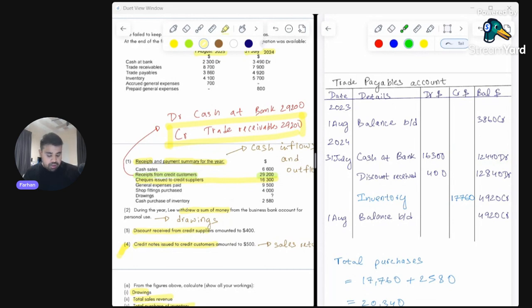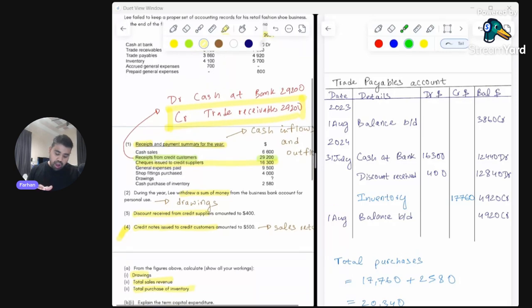All right. So there is no other information concerning credit suppliers from the receipts and payments summary, but we do have another piece of information from point number 3, which says that discount received from credit suppliers amounted to $400. Discount received is something that we get if we are making some kind of prompt payment.